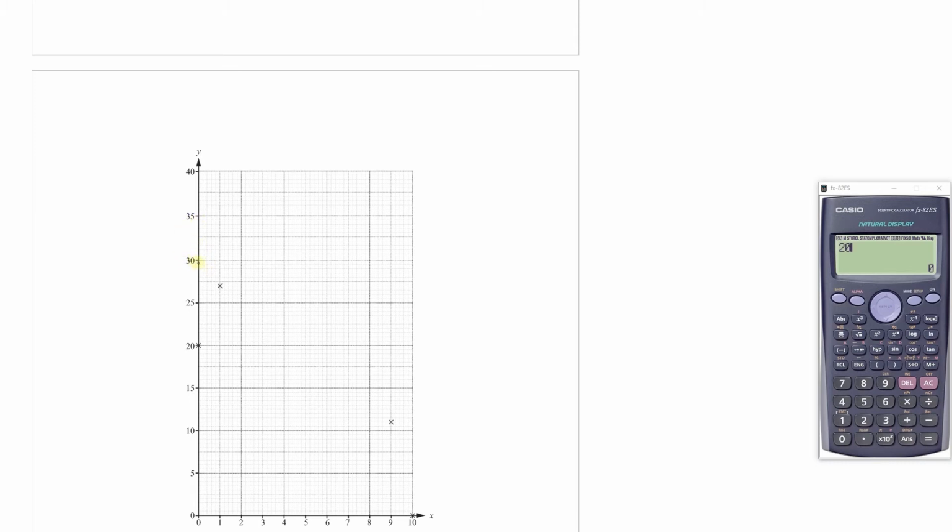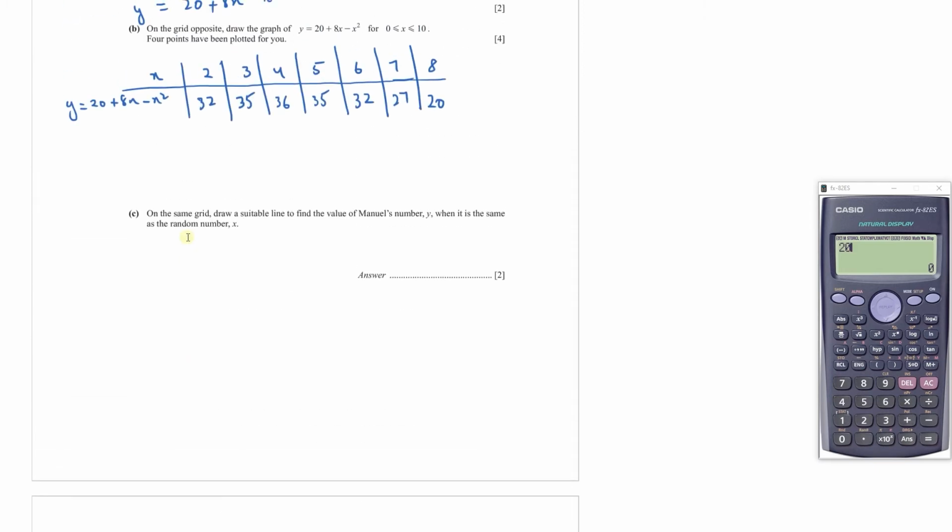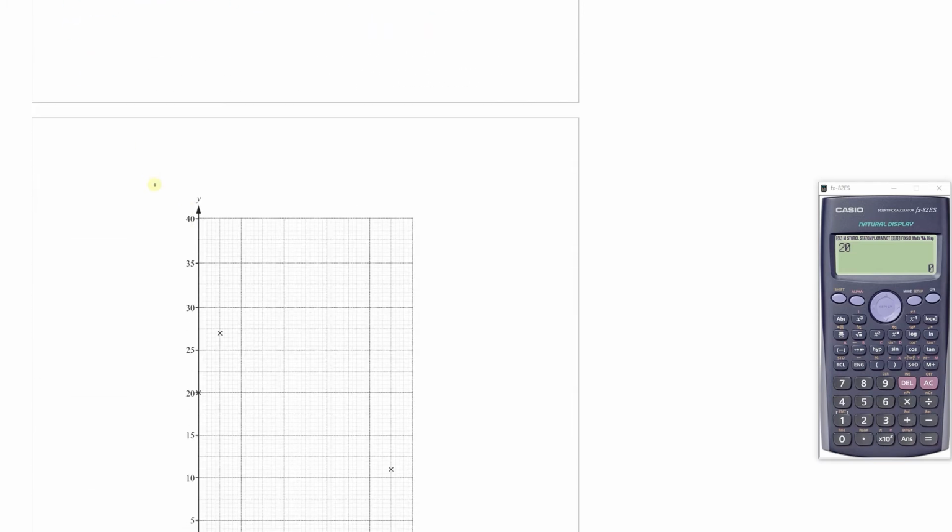So the value I'm looking for is 32. So this is 30, this is 31, and this will be 32. 32 will be this one. 31, 32, yeah. 33, 34, and then 35.